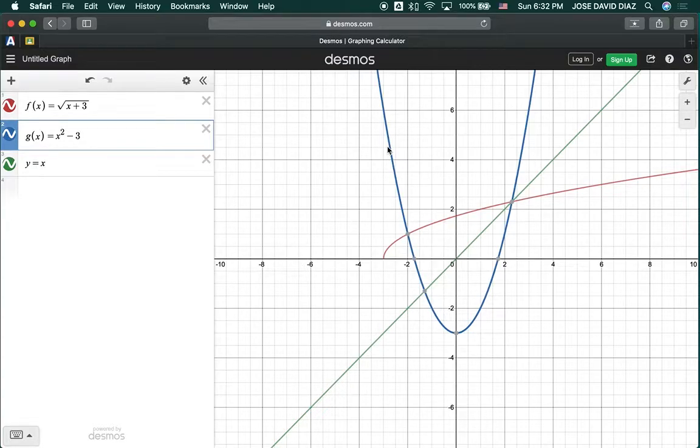To be able to do a domain here, I just go from 0 is less than or equal to x, and that will restrict from 0, or we can say x is greater than or equal to 0. That might be easier to read. And that's why we restrict the domain, because now that's the only part that we want. We don't want the other part because that's not part of the original function.